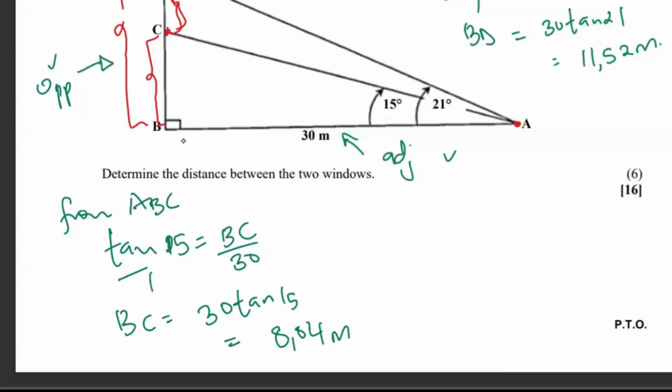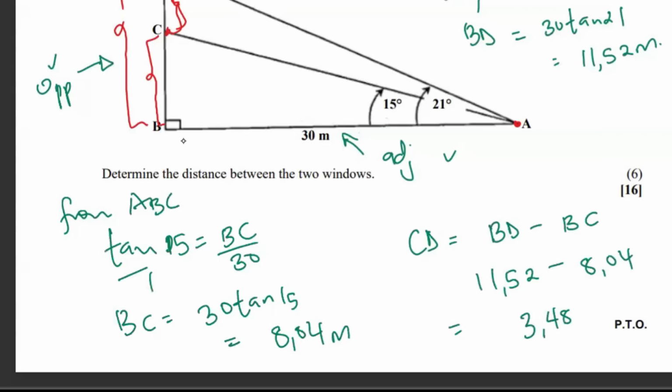meters. Then the distance CD is going to be distance BD minus the distance BC. So 11.52 minus 8.04, what we end up with? We end up with a 3.48 meters.